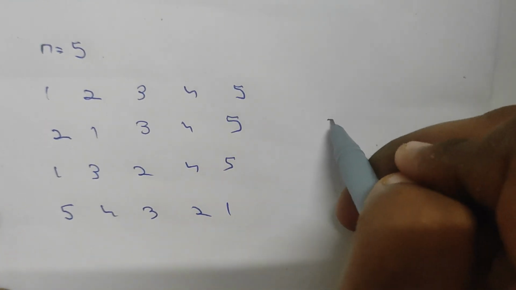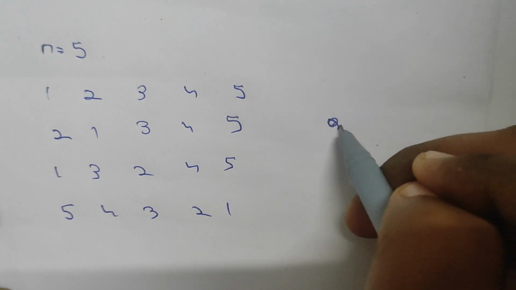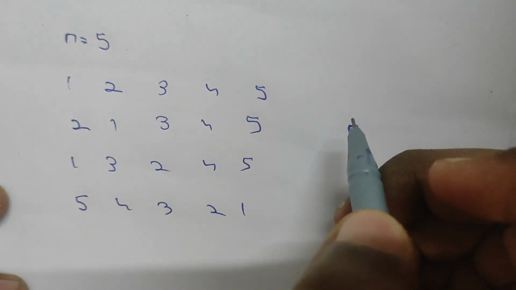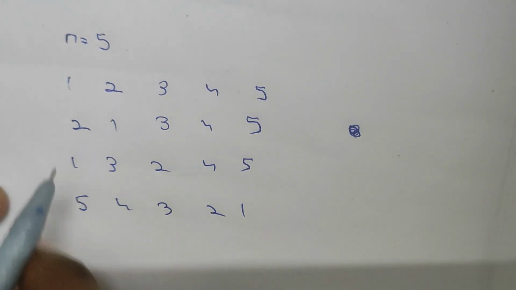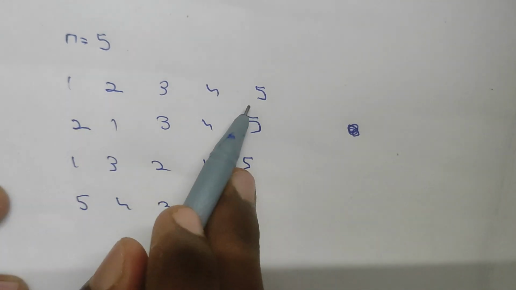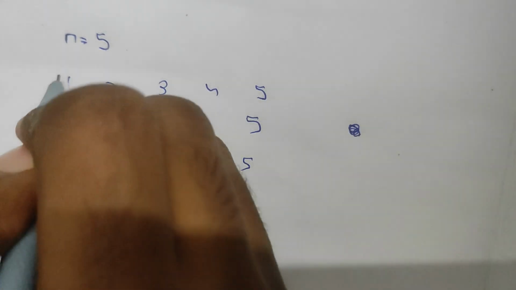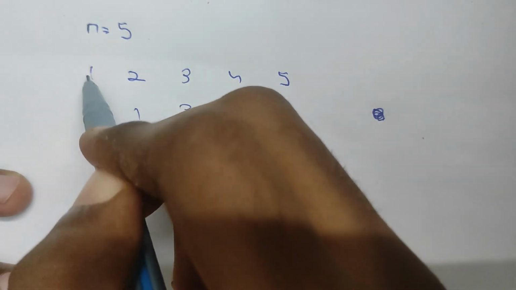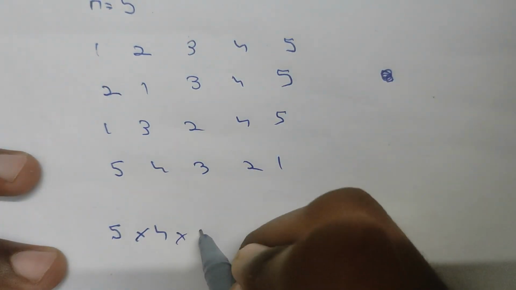How many permutations will there be? It will be 5 factorial. The first position will contain 5 possibilities, and after we place one value there, the second position will contain 4 possibilities. Likewise the third position will contain 3 possibilities, and so on.